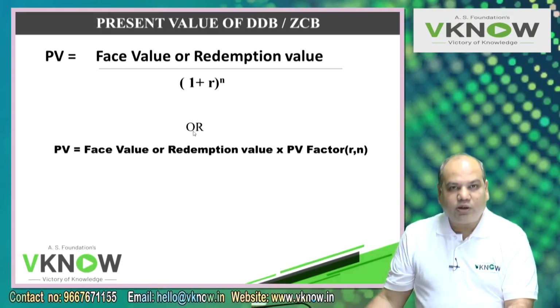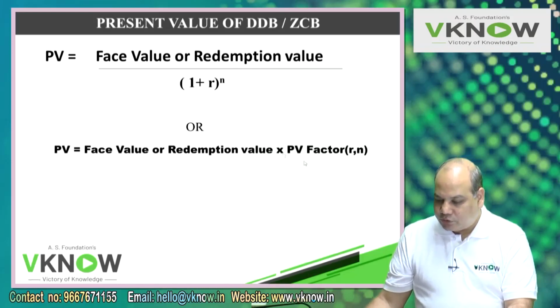Or if you are given the PV factor, then take the face value or redemption value and multiply by present value factor for given rate of return and number of years. Both formulas are same.